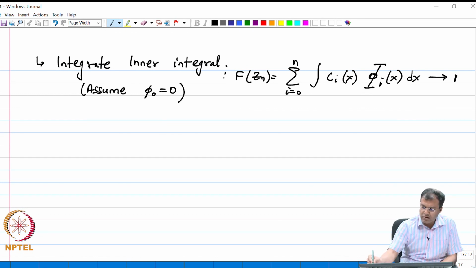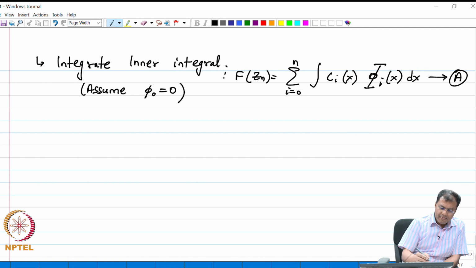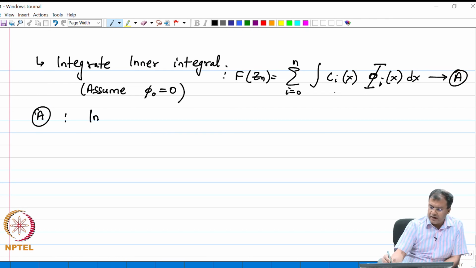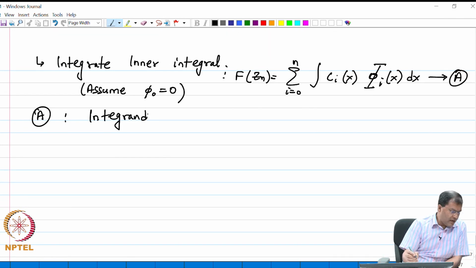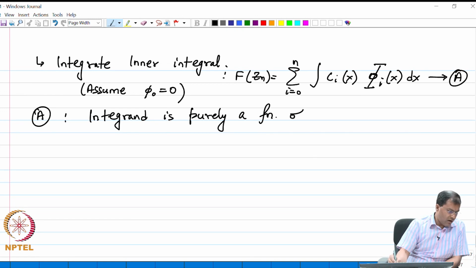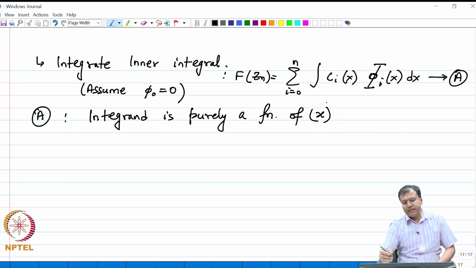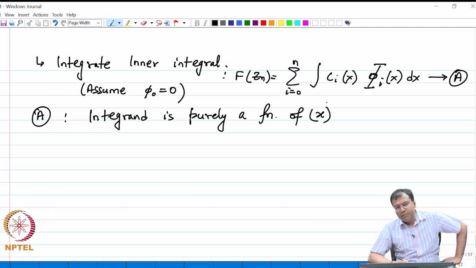Let me call this expression A. A is an integrand. Notice that the integrand in A is purely a function of x. So now we have changed a functional of two variables to a functional of one variable x.